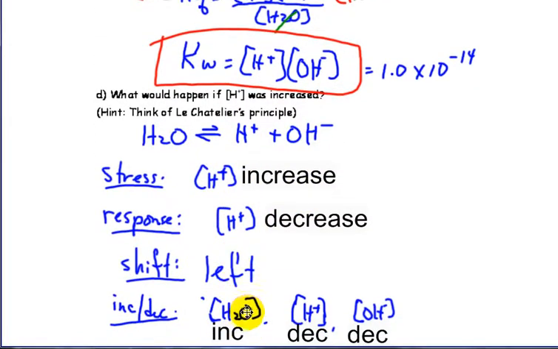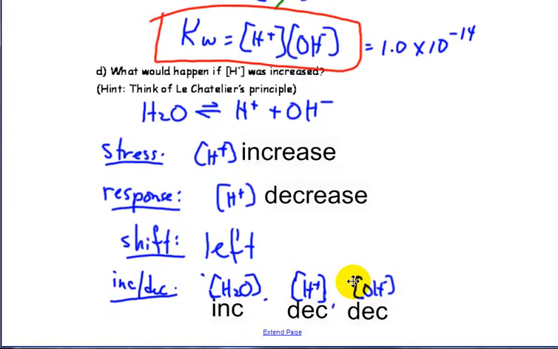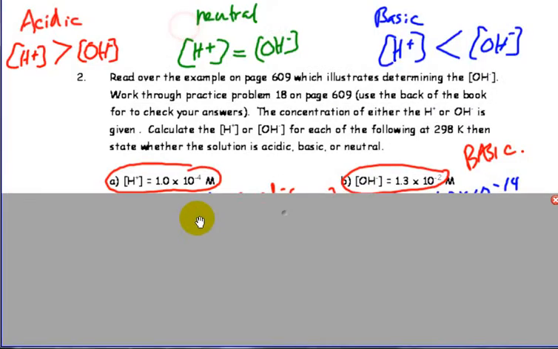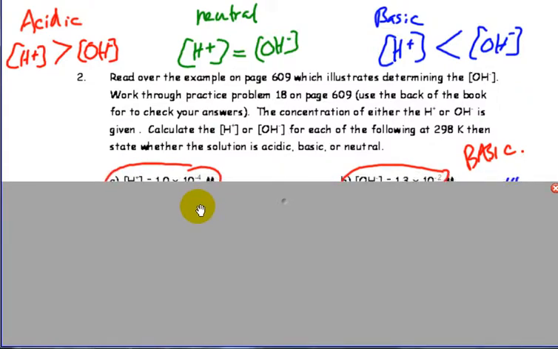As a result, the concentration of water would increase, and the OH minus ions would get used up as well as the H plus ions. So it would shift to the left, using up the hydroxide ion concentration, so you'd end up with more H's in the long run.